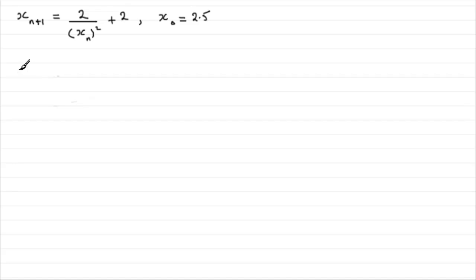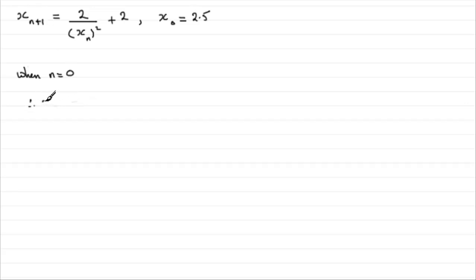But basically, just to get an appreciation of what's going on, if you're not familiar with this, what we do is to get x1 we basically set n equal to 0, and when n is 0 that gives us x0 plus 1, so that would be x1.